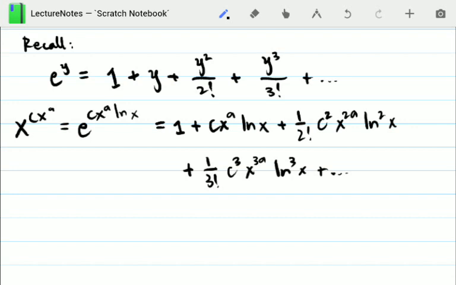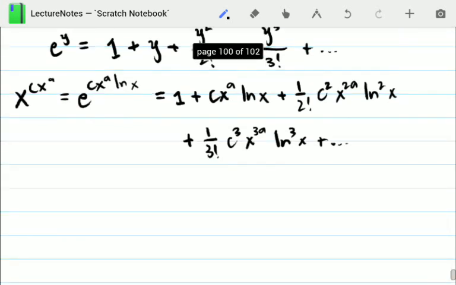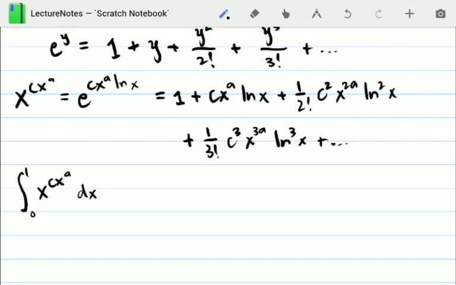Now that we've expanded that, what we're really interested in is the definite integral of x to the c x to the a dx, okay? And like I said, for different values of c and a, we recover those various exotic integrals that we've seen on the previous page. Since we have a series expansion for this, we insert the series expansion inside the integrand, and then we integrate term by term, okay?